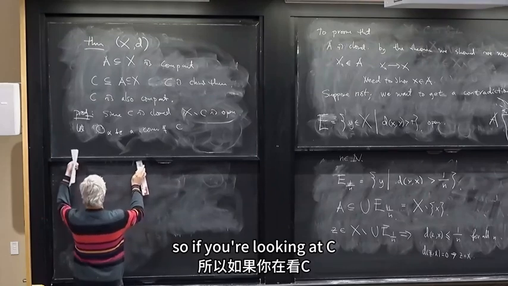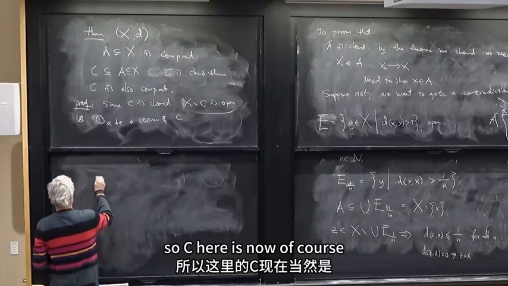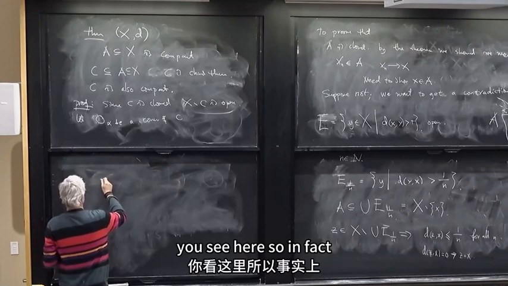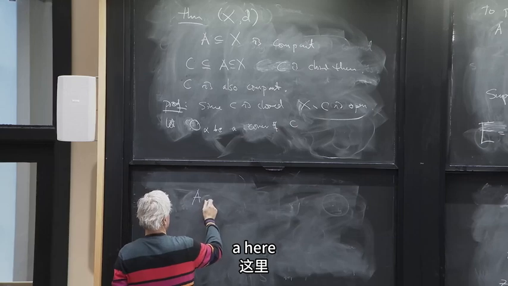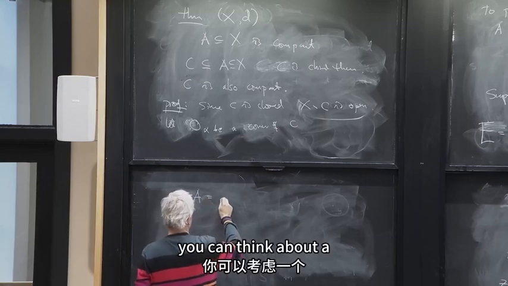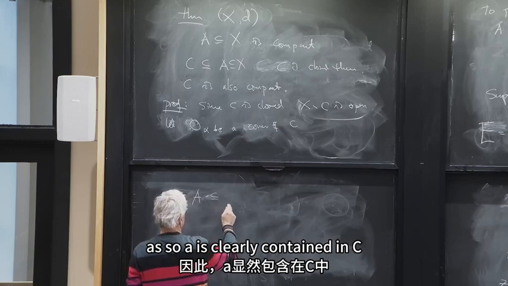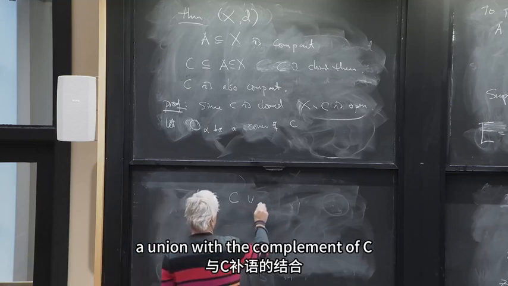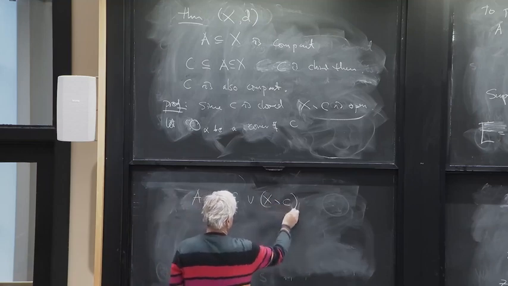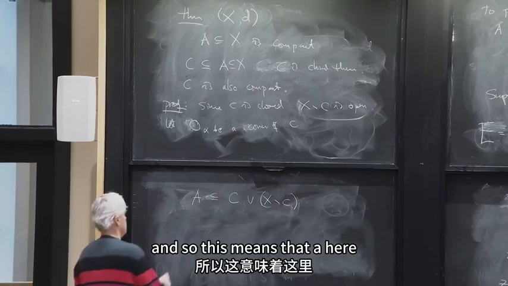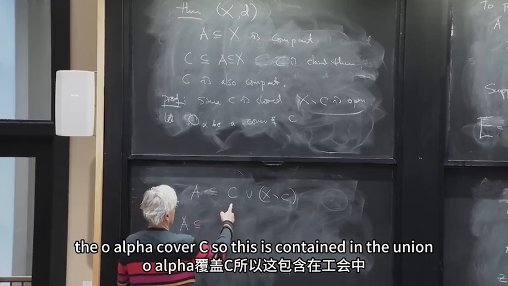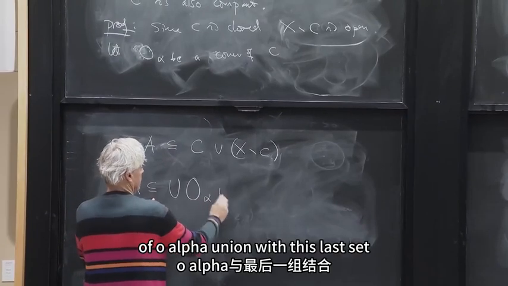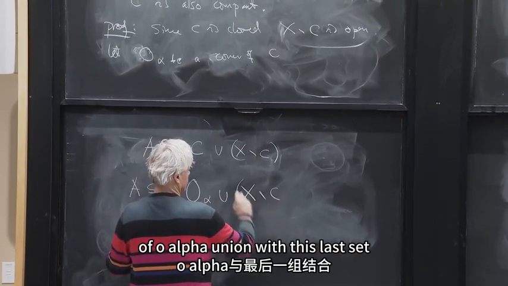So A is clearly contained in C union the complement of C. And so this means that A is contained in the union of O alpha union with this last set, right?